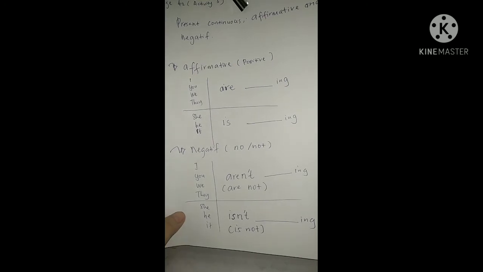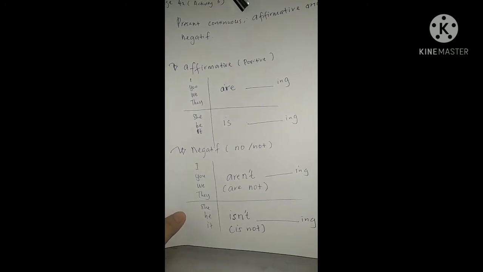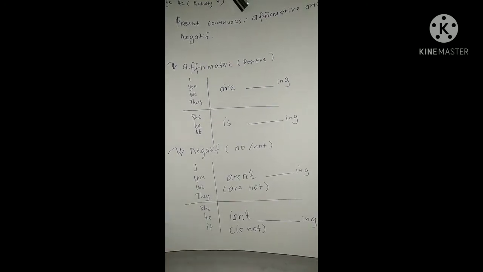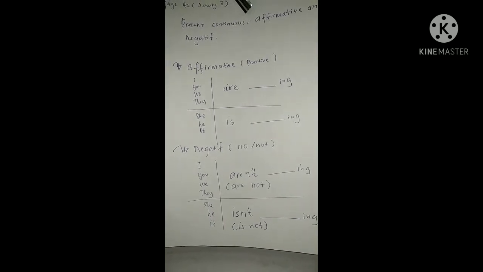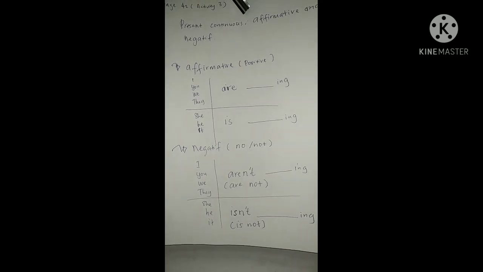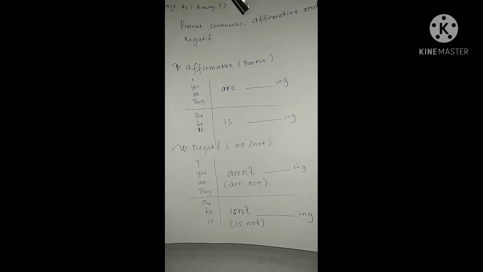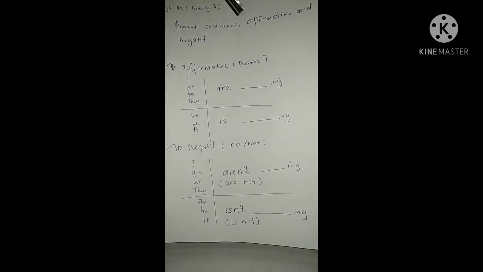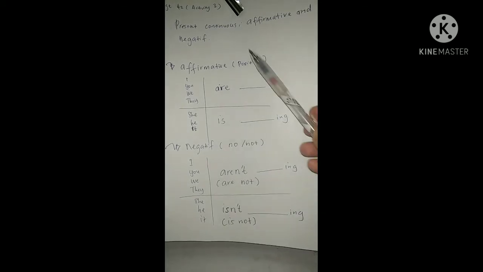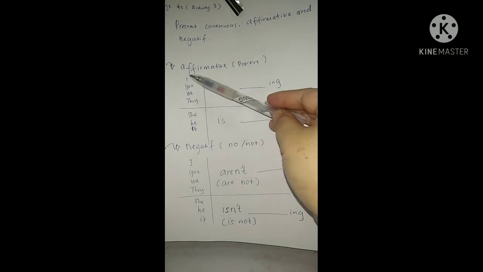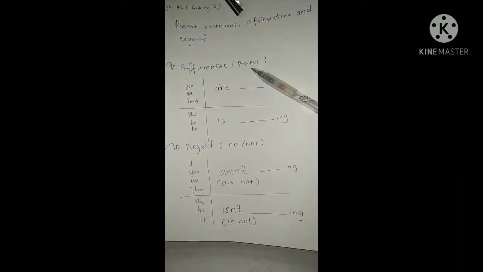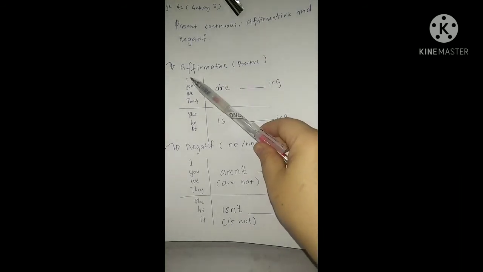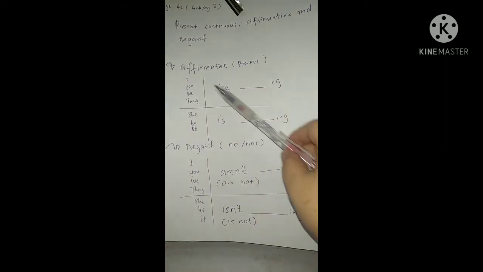You can take out your notebook and copy, or you may screenshot these notes. Present continuous, affirmative and negative. What is affirmative? Affirmative means positive. So for the pronouns I, you, we, they, we use are.